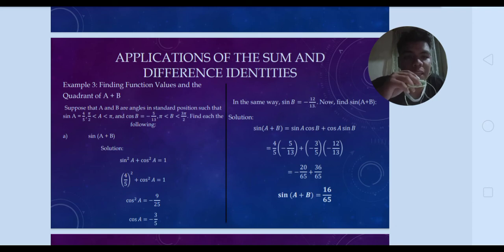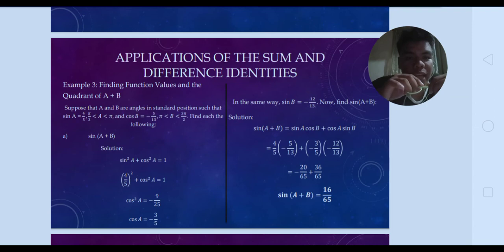Sine squared A plus cos squared A is equal to 1. That is a fundamental identity. Then we have to substitute the given values which are stated in the problem. Sine A is 4 over 5 and cos A is unknown, so cos A is what we are looking for.